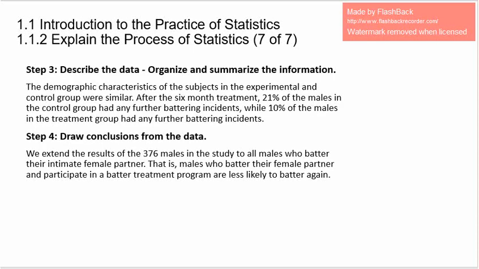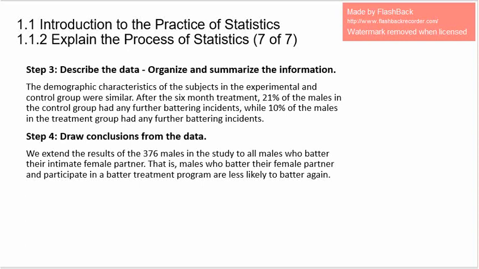Step 3, describe the data, organize and summarize the information. The demographic characteristics of the subjects in the experimental and control group were similar. After the 6-month treatment, 21% of the males in the control group had any further battering incidents, while 10% of the males in the treatment group had any further battering incidents.